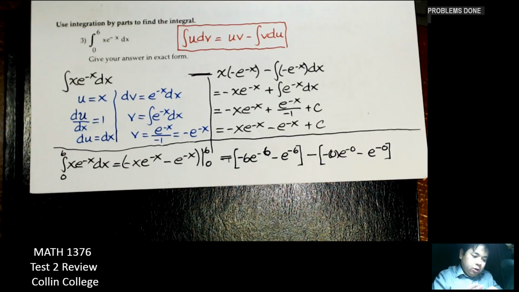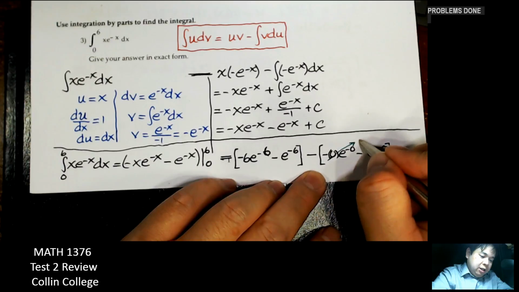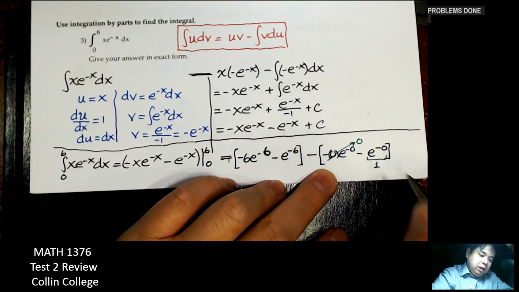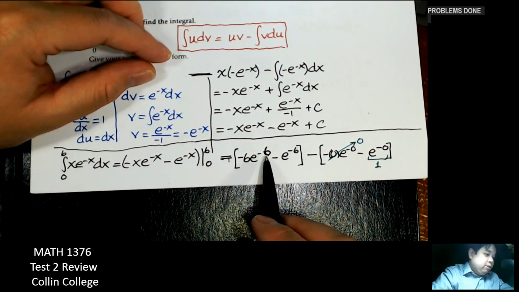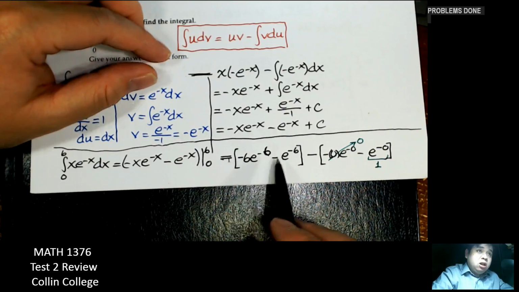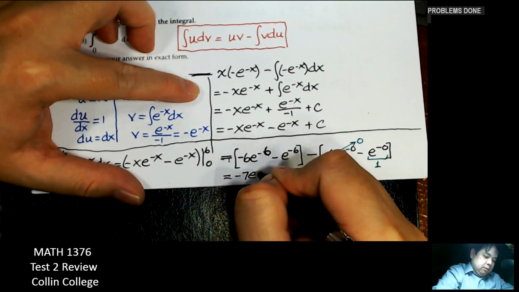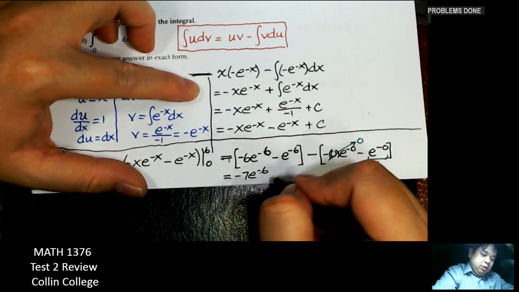Right. So 0 times anything is 0, so that is 0, e to the 0 power, this is 1. And looks like we have negative 6 e to the negative 6 and another negative e to the negative 6, so combining like terms we will have negative 7 e to the negative 6, and minus a negative 1, so plus 1.